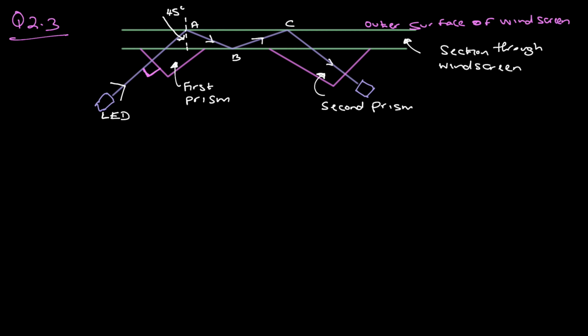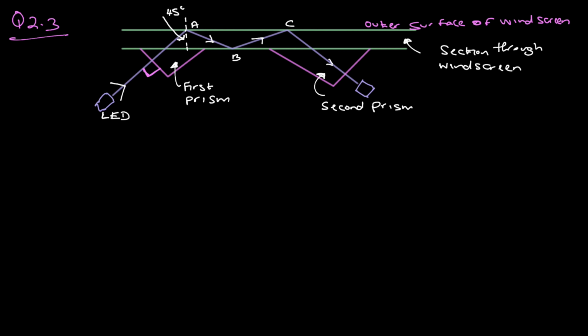The question is asking why we have total internal reflection there. For total internal reflection to happen, the angle of incidence must be greater than the critical angle. So we need to show what the angle here will be. This angle here is 45, but we need to find the critical angle first of all.